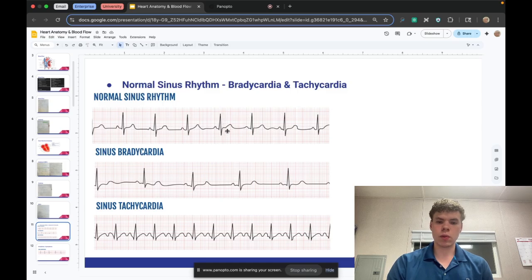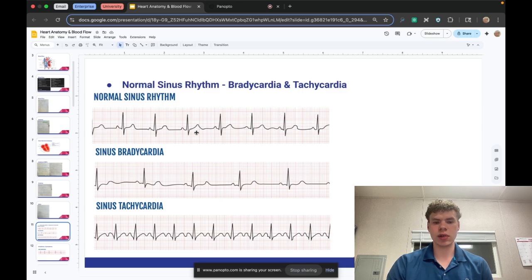So for example, if you want to calculate the heart rate, count the number of big boxes between each R to R. As you can see from about here, it looks like there's one, two, three, four big boxes between this one.